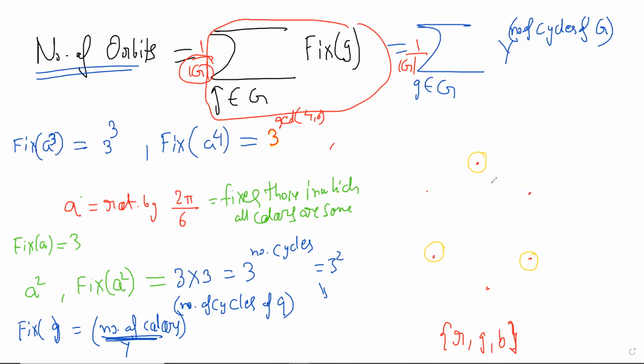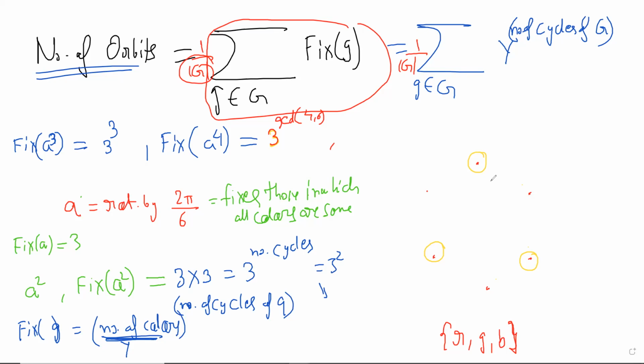That's the average number of points that a particular motion fixes, and that is the answer. That's the number of orbits. And that makes sense, right? Because the bigger that average is, oh, wait a minute. Does that make sense? If the average number of points that it fixes, yeah, that is what it is.